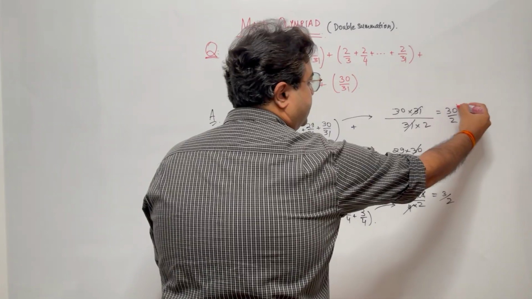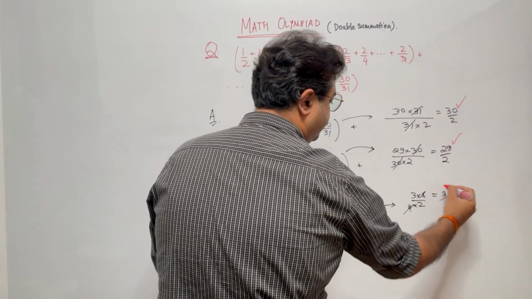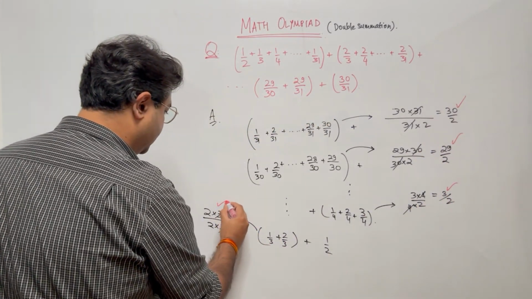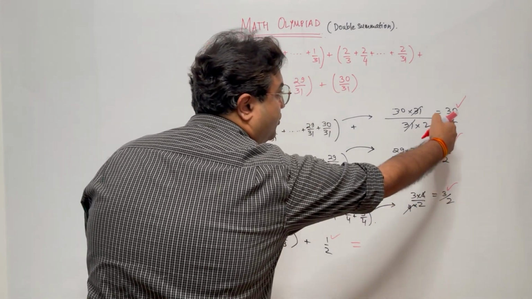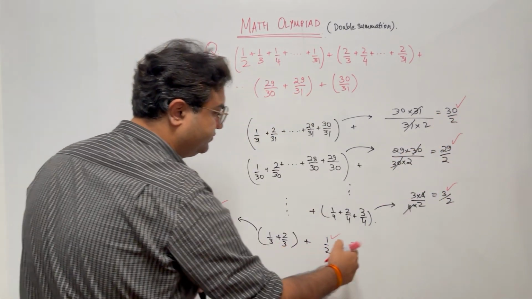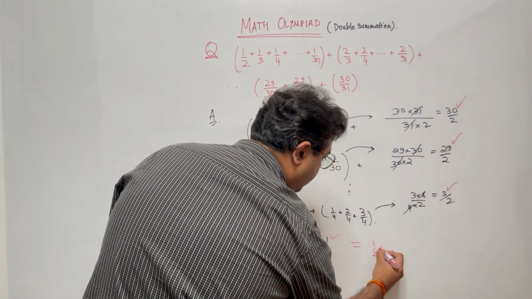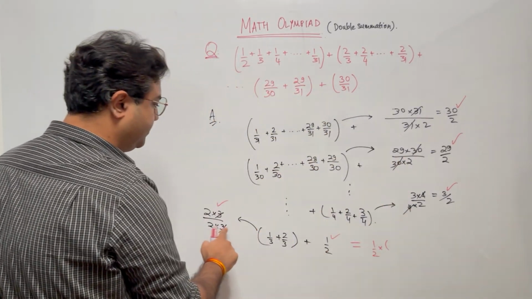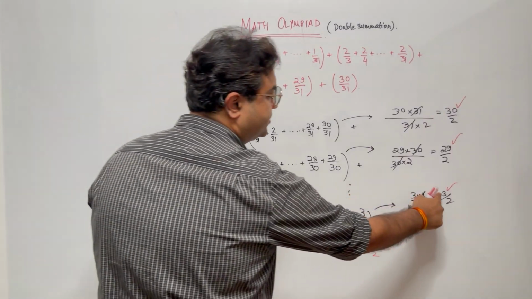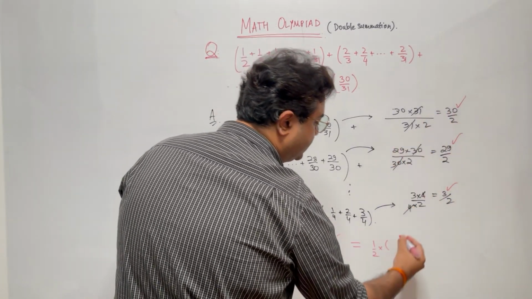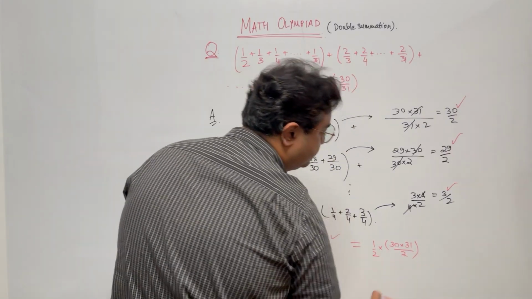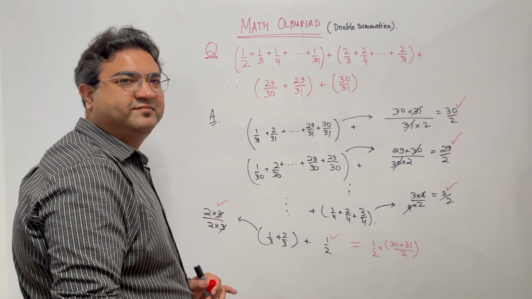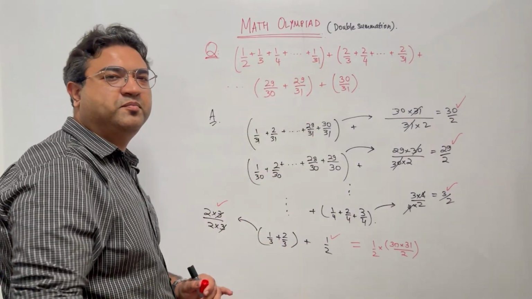All these terms now have denominator 2. So 1 by 2 times, again the same sum, 1 plus 2 plus 3 up to 30. So that will become 30 into 31 by 2. Such a lengthy problem.